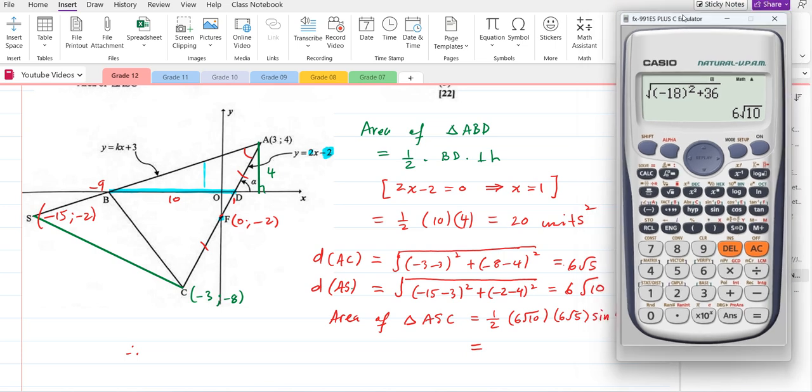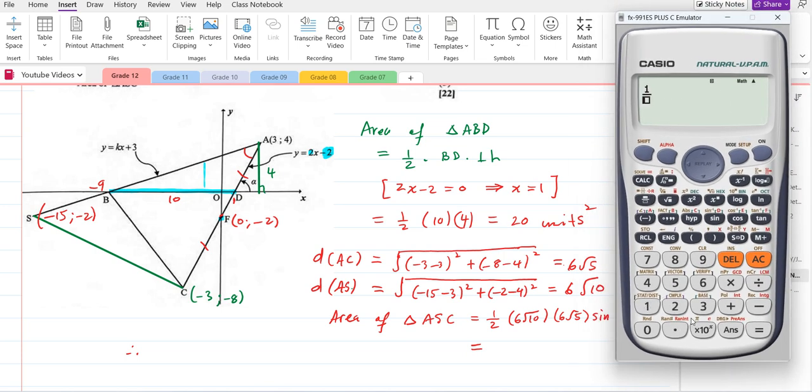So what do we have? We have half, 6 root 10, close bracket, open, 6 root 5, close bracket, and then sine 45. And am I getting 90?